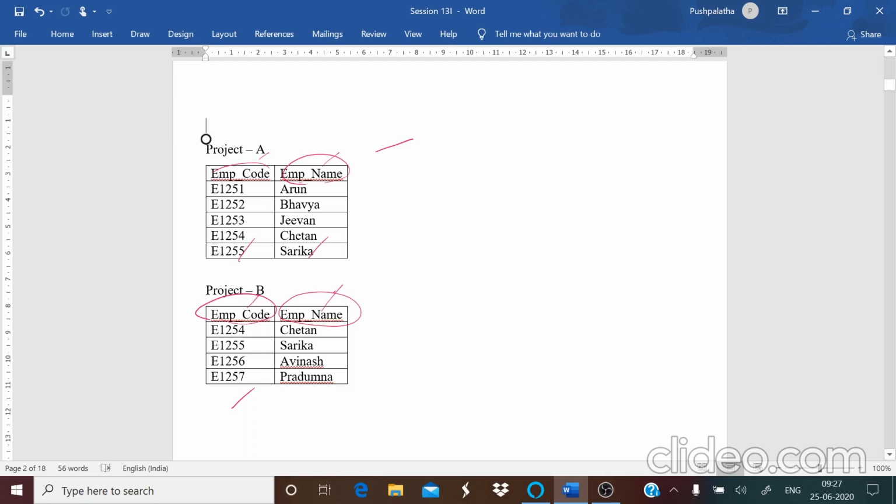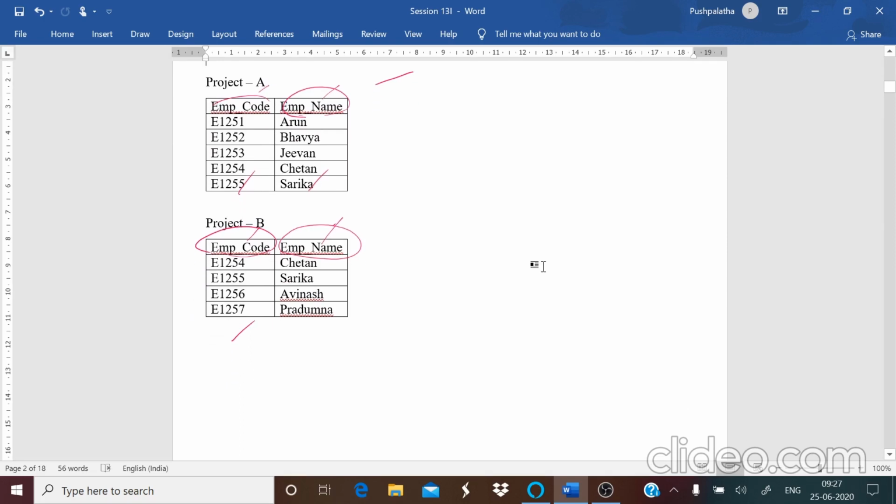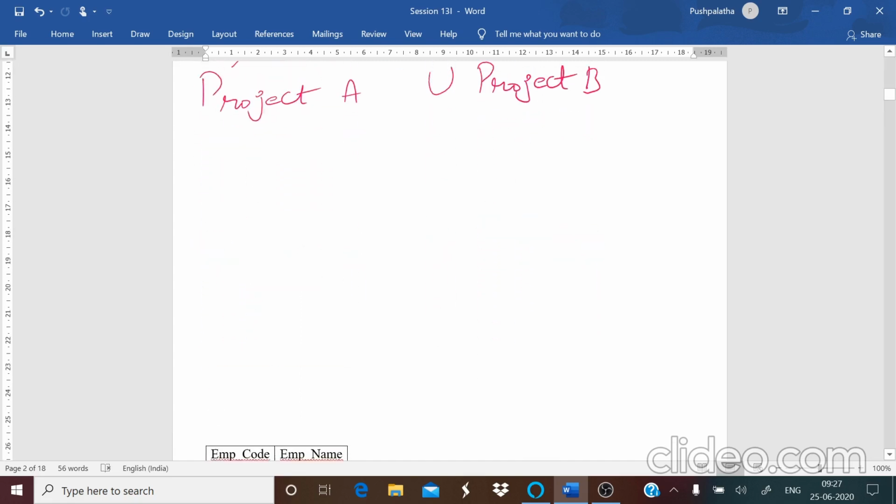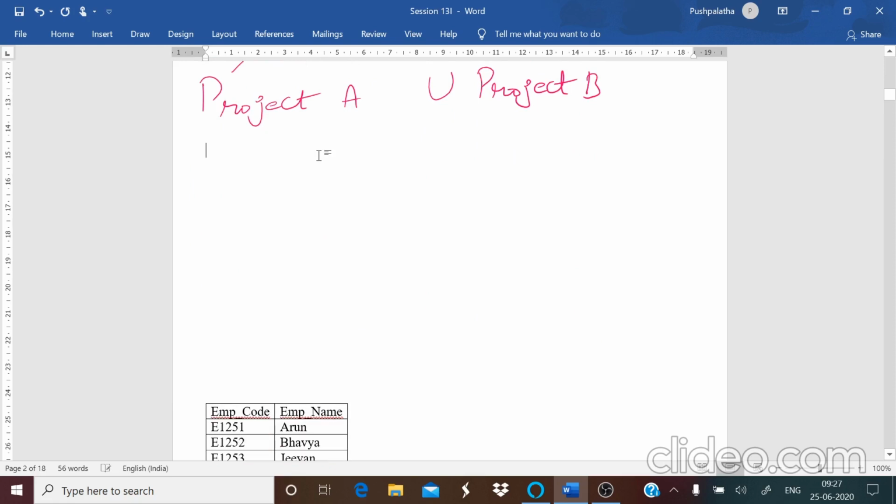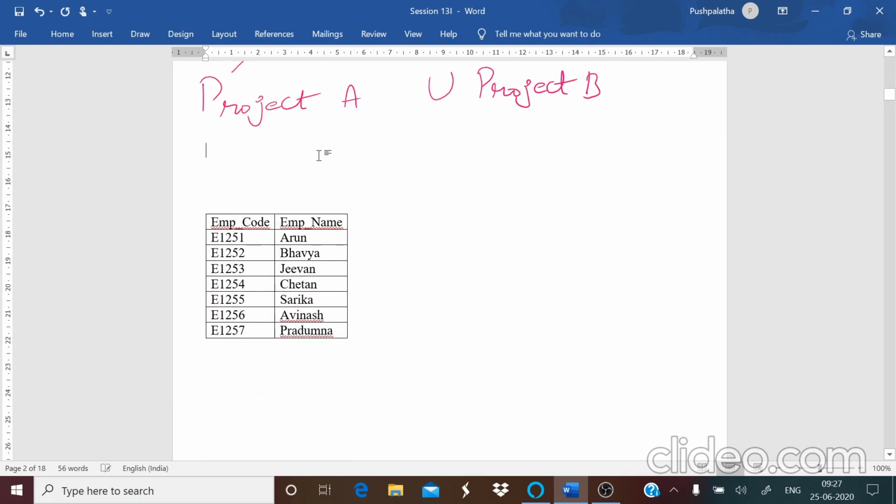Now for the union operation, we are going to say project A union project B of employees. It gives you this table.